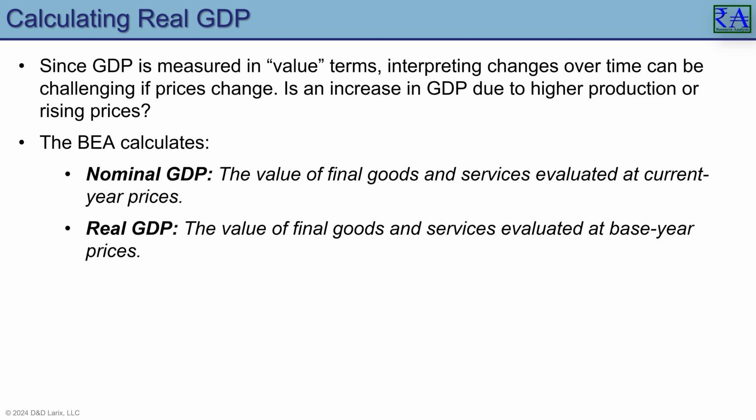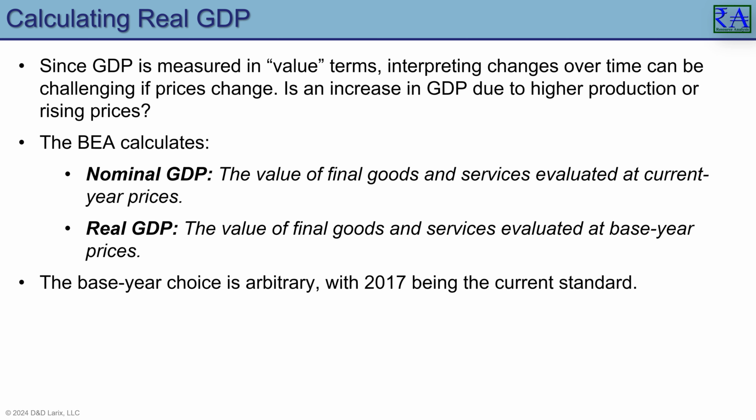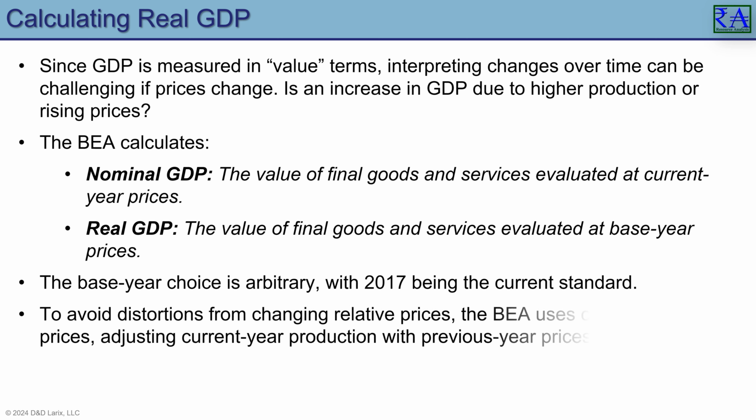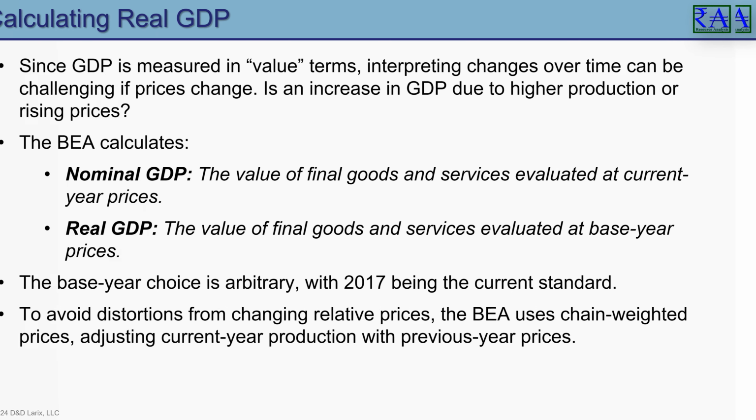The base year for our current measurement is 2017. However, relative prices change over time, potentially distorting real GDP calculations. To address this, since 1996, the BEA uses chain-weighted prices, which adjust current year production using the previous year's prices, providing a more accurate economic picture over time.